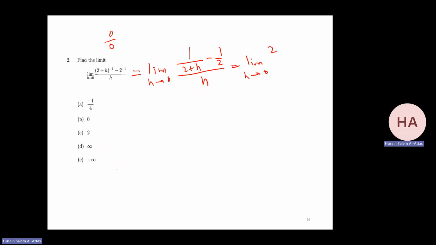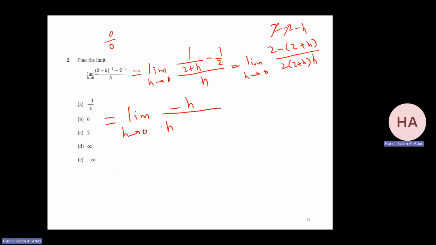That means what? 2 minus (2 plus h) over 2 times (2 plus h), times h. Okay, so numerator is what? 2 minus 2 minus h. So I have minus h actually. So the limit as h goes to 0 of minus h over 2h times (2 plus h). This is cancelled. I'm getting what? Minus 1 over 2 times 2, which is 4. So the answer is minus 1 over 4.